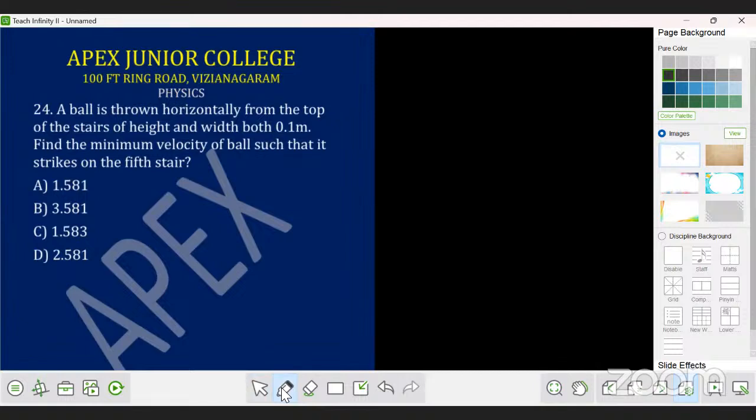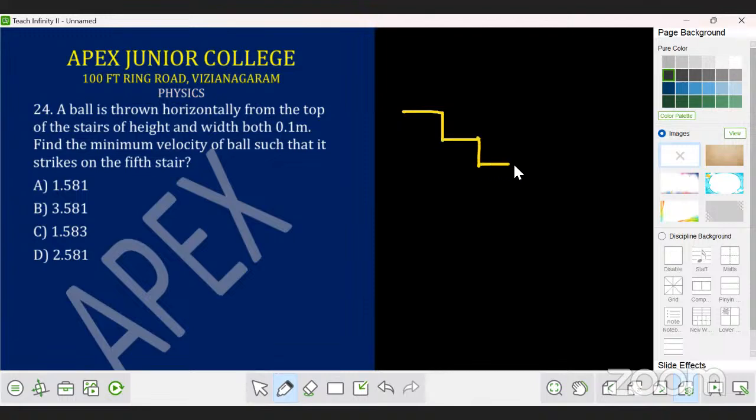A ball is thrown horizontally from the top of stairs of height and width both 0.1 meter. Okay, some stairs are taken whose width is 0.1 and height is also 0.1.